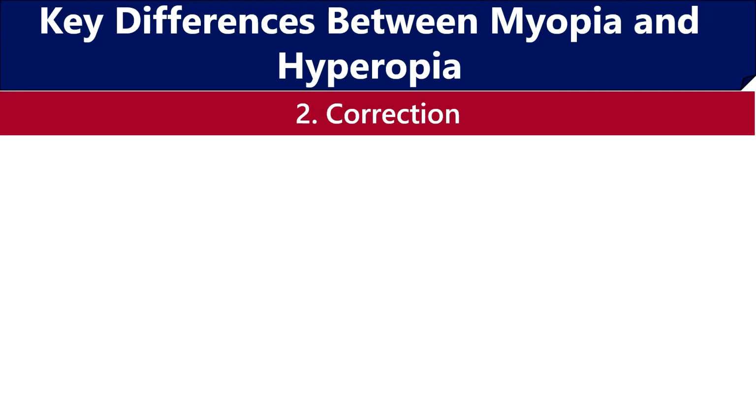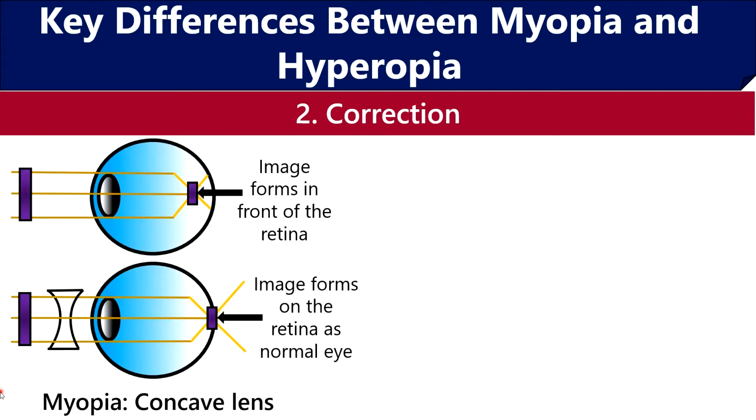Friends, myopia and hypermetropia are refractive problems that could be treated by using corrective eyeglasses, contact lenses, and refractive surgeries. Here in this video, we will discuss the correction of myopia and hypermetropia by using concave and convex lens. To correct myopia, a diverging or negative artificial lens is used, that is a concave lens.